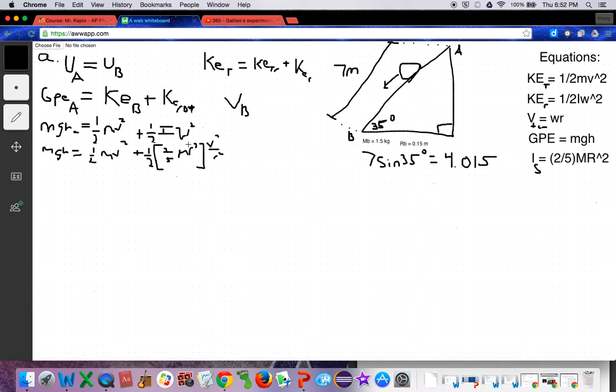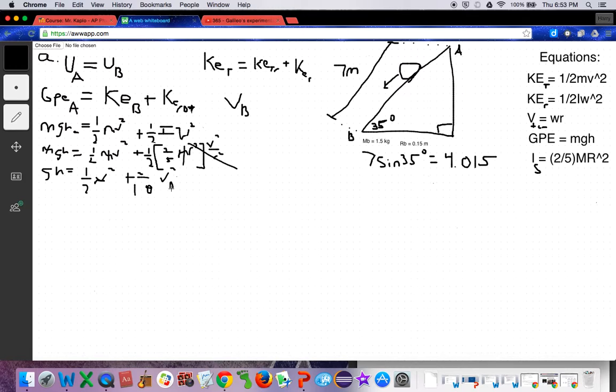Now, you math lovers like me can rejoice because the radiuses cancel out, r squareds cancel out, and guess what? The m's do too. Our equation is now so much easier. gh is equal to 1/2 v squared plus 2/10 v squared.